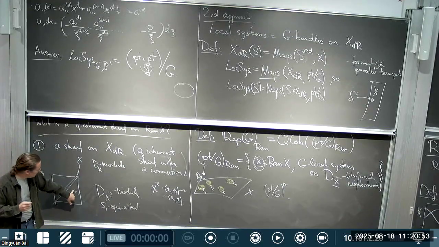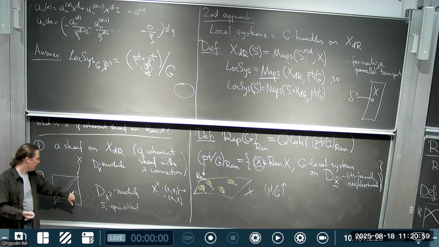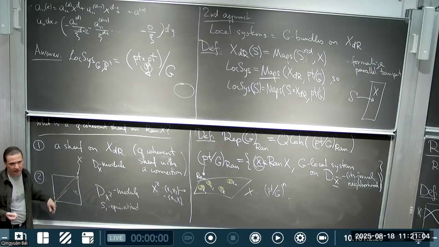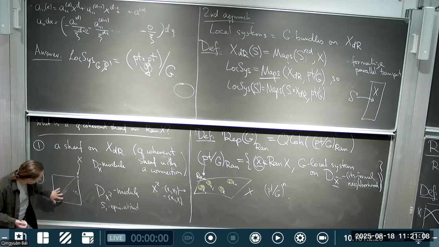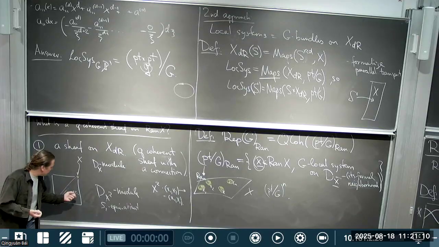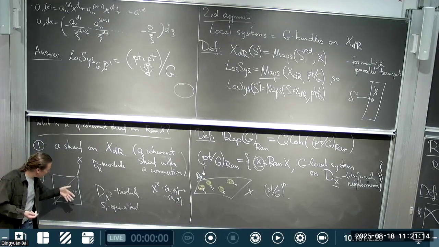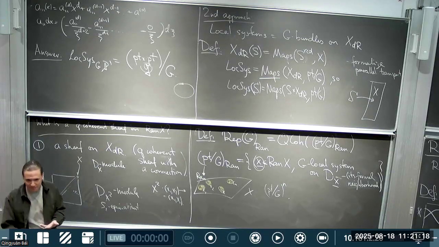So there is a D-module on X squared with an action of G squared outside of the diagonal. But on the diagonal, I have only one copy of G. And this action on the diagonal is compatible with the action off the diagonal via the diagonal embedding of G into G squared.